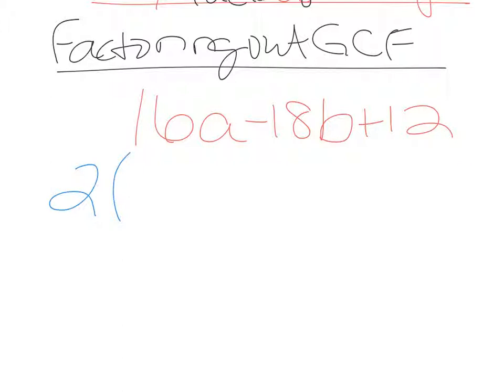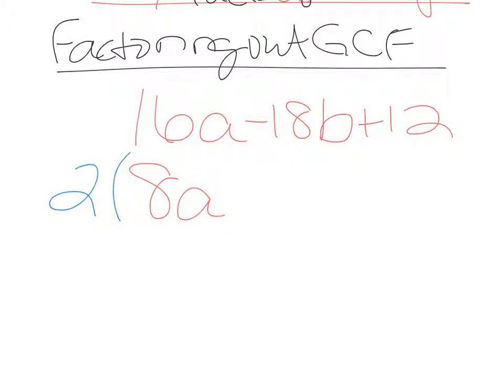So let's think about this. I need to find something times 2 that gives me 16a. If I plug in an 8a there, 2 times 8a gives me my first term of 16a. So we're going to plug an 8a in.